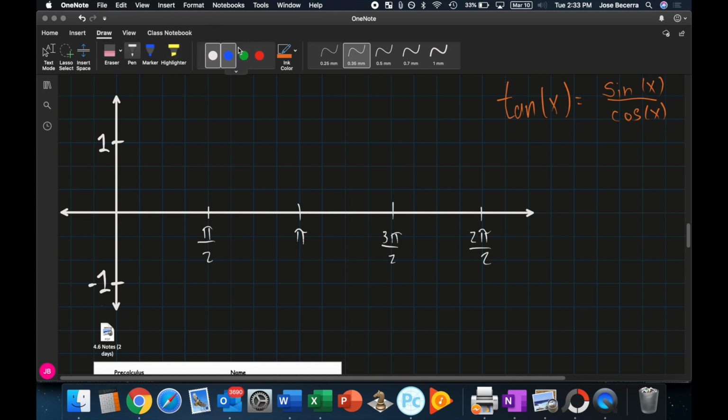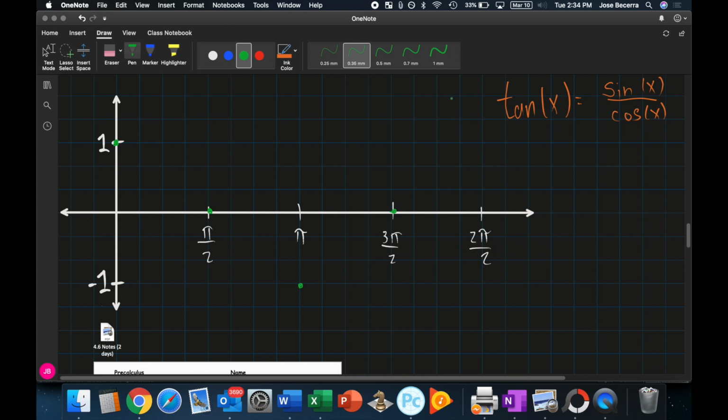And let's say I want to graph cosine, okay? Cosine at 0 is 1. At pi over 2 is 0. At pi is negative 1. At 3 pi over 2 is 0.